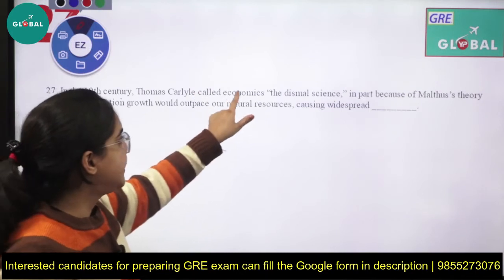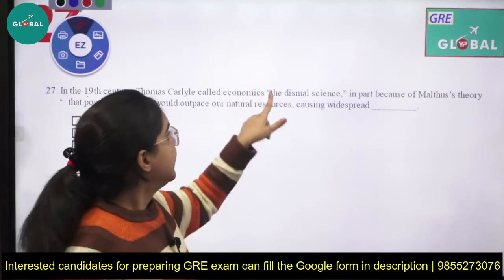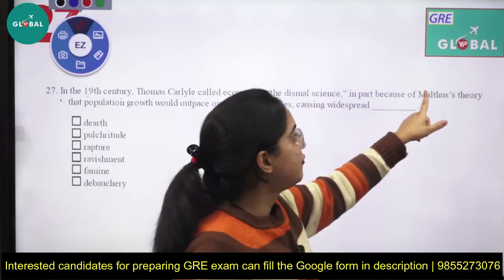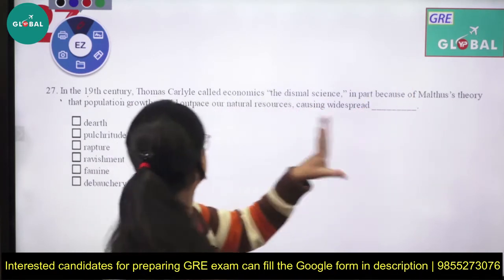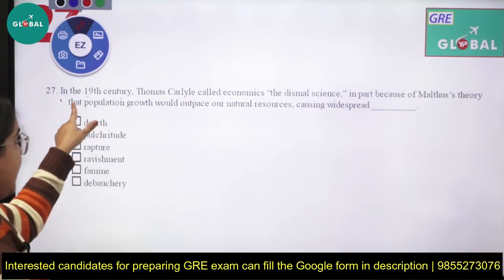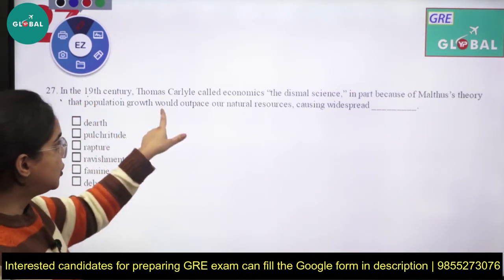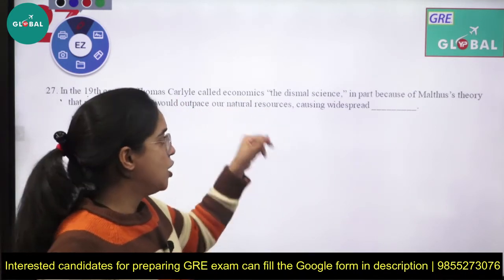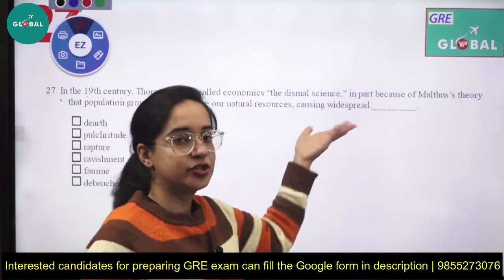Thomas Carlyle called economics what? The dismal science. Pause. In part because of Malthus' theory, that means it's giving us a reason, that population growth would outpace our natural resources, causing widespread dash, what?